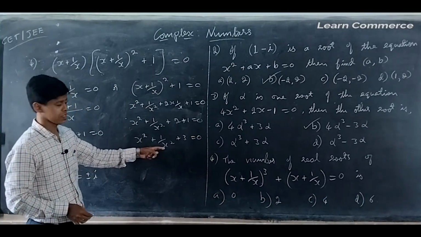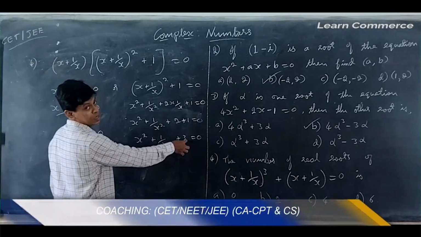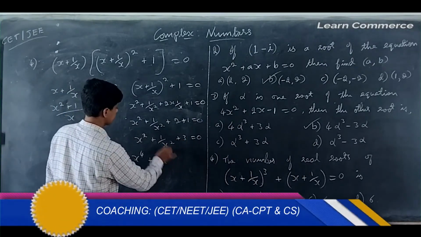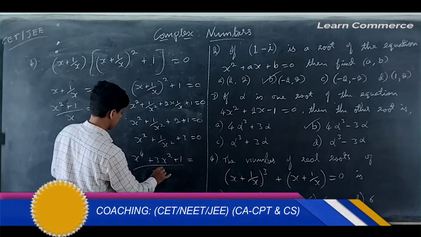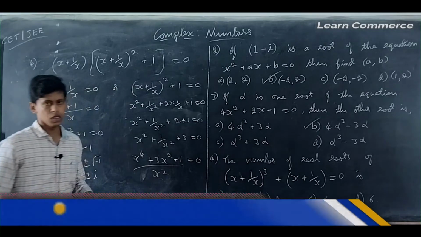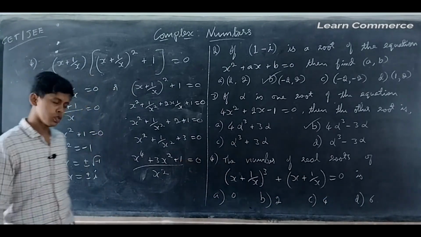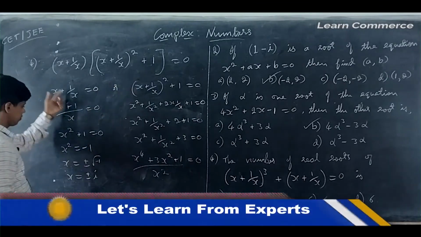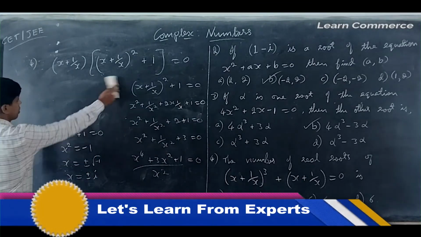Take LCM x square, this becomes x to the power 4, and if you multiply here, 3x square plus 1 and whole divided by x square, that's equal to 0. Now finally bring this x square also to the other side. See, we have not got any real values. Okay, so keep this in mind.